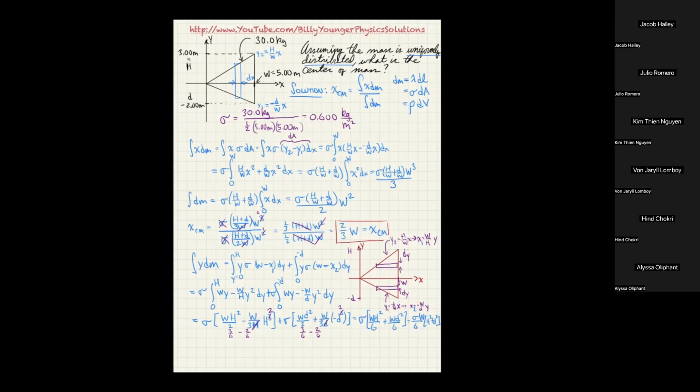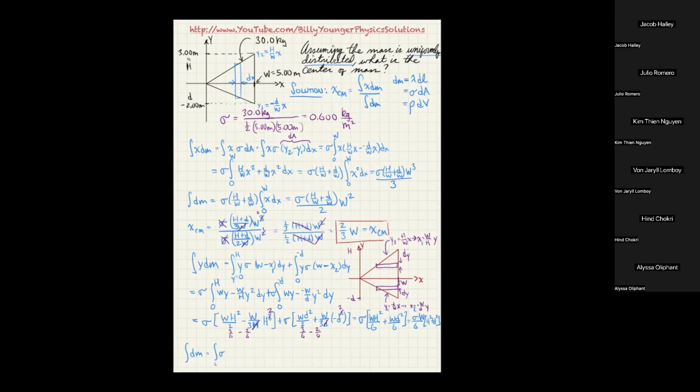We also got to do the bottom integral, which is the integral of dm. The integral of dm is slightly different in this one compared to the top one, because we're integrating the other way. So this is going to be the integral of dm, and that's going to be, in fact, the integral of sigma. Now we're going to have everything but the y in there, so I don't have that y anymore.